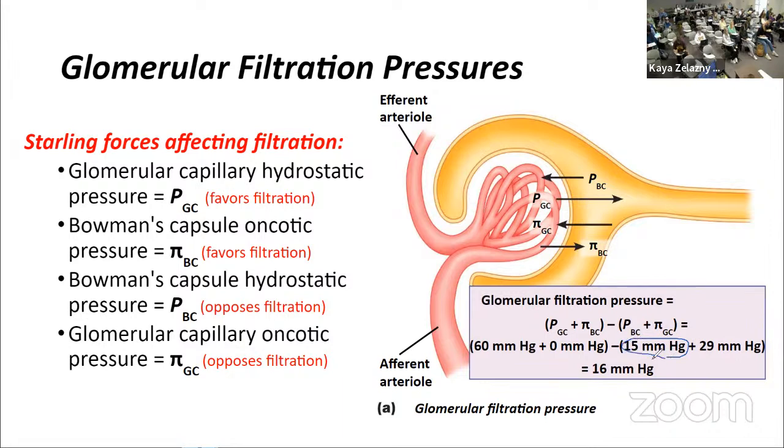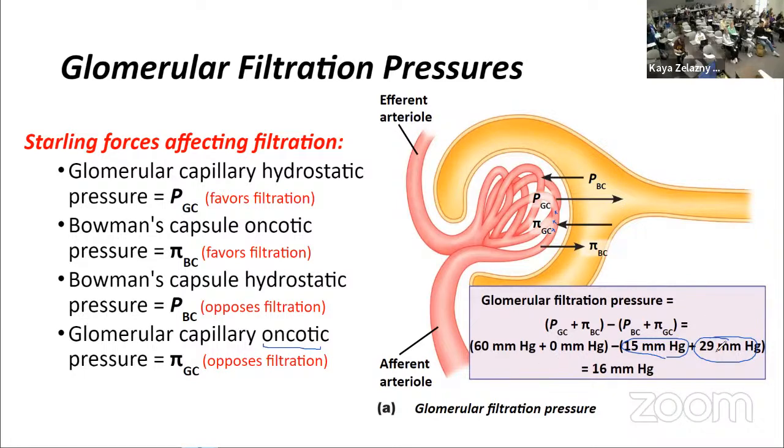Okay. And we do also have lots of proteins that we're leaving in the glomerulus, right? We're filtering everything out except for those proteins. Okay, so we're going to start out here with 29 millimeters of mercury as our measurement for that oncotic pressure of the proteins that are in the blood in the capillary.